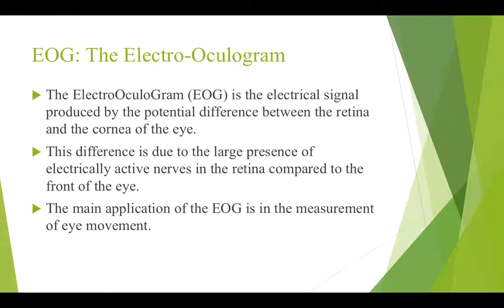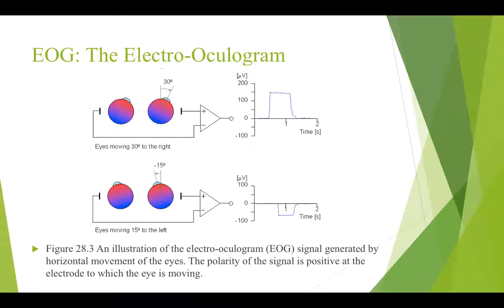The EOG is the electrical signal produced by the potential difference between the retina and the cornea of the eye. This difference is due to the large presence of electrically active nerves in the retina compared to the front of the eye. The main application of the EOG is in the measurement of eye movement. Figure 28.3 illustrates the measurement of horizontal eye movement by the placement of a pair of electrodes at the outside of the left and right eye.